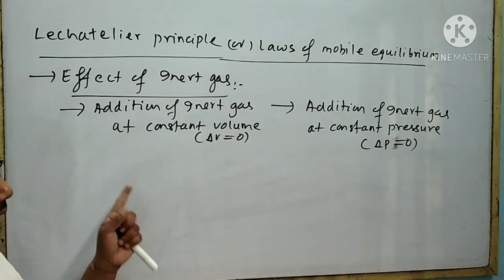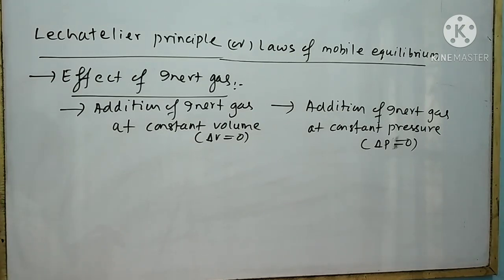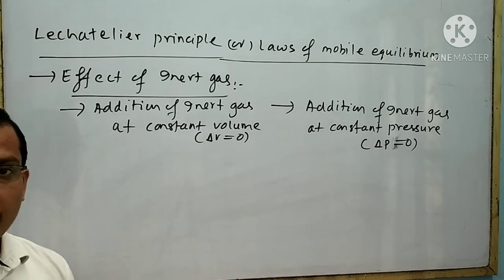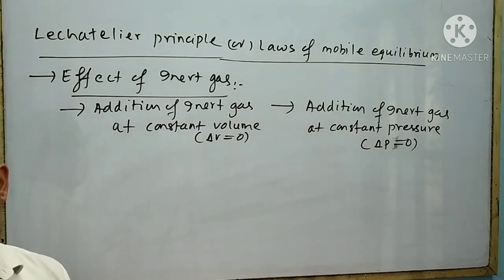Remember, when an inert gas is added to the equilibrium system at constant volume, then what will happen? Then the total pressure will increase. Again I will repeat, when an inert gas is added to the equilibrium system at constant volume, the total pressure will increase.